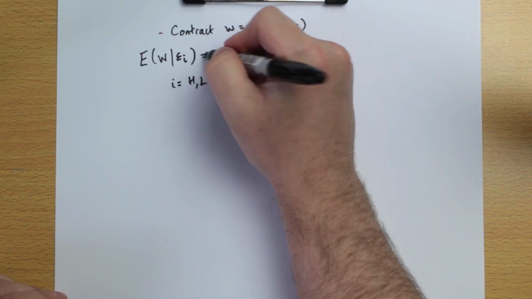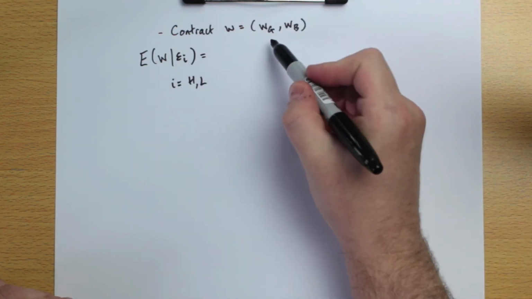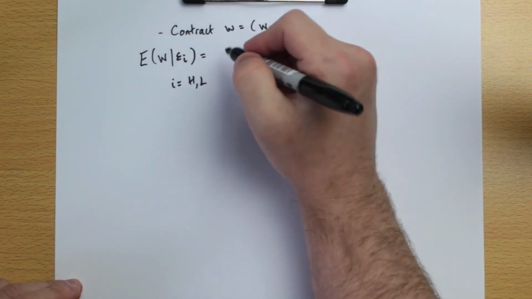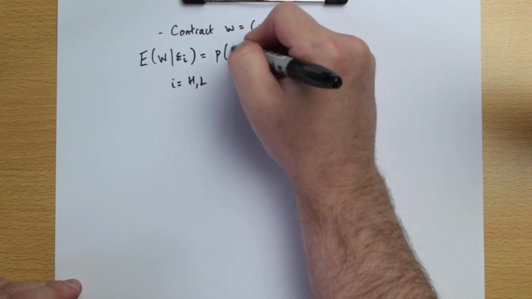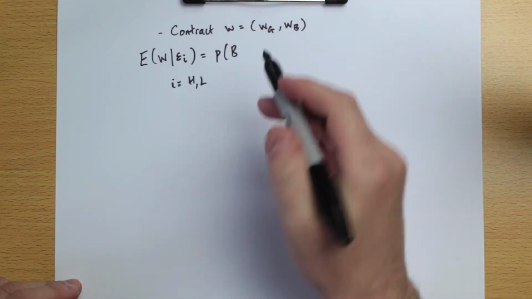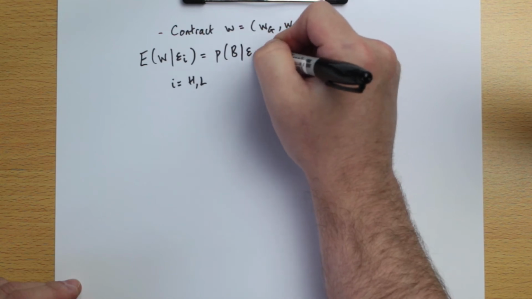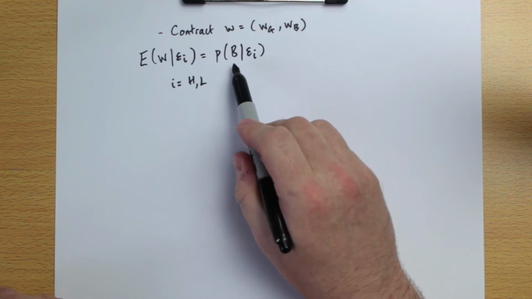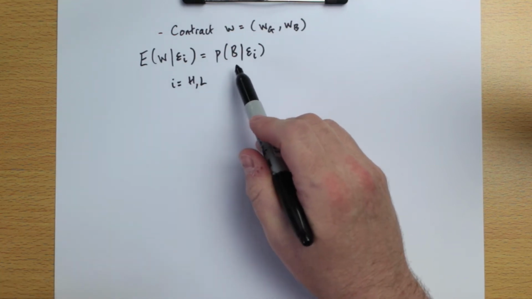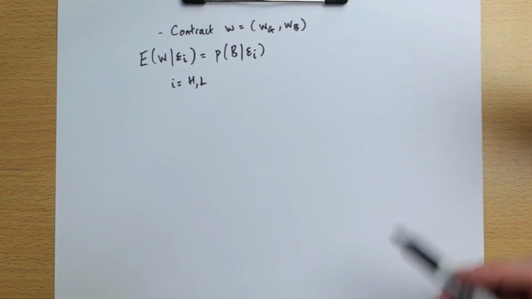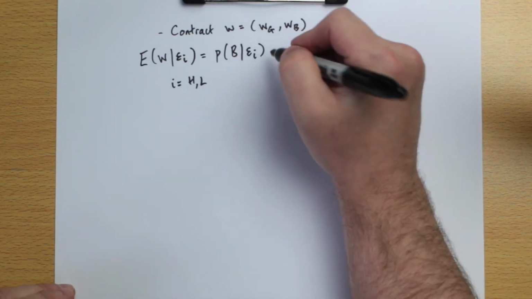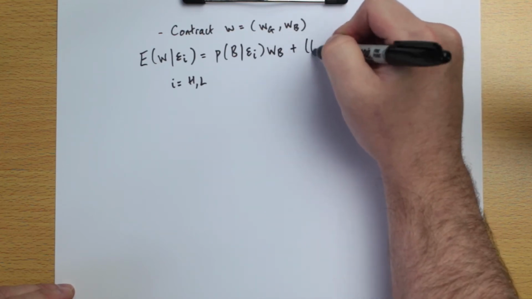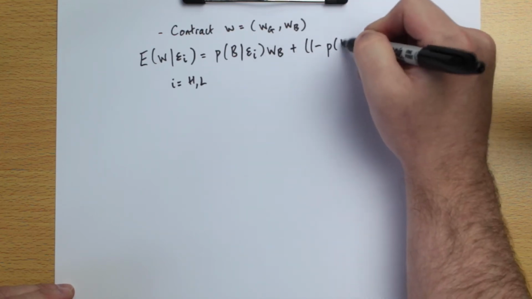Now, to take an expected value, you just weight each of these terms by their respective probabilities and sum up. So the probability of the bad state will be the probability of state B conditional on the level of effort. This is, in some sense, the probability of observing bad revenue, which we consider to be stochastically related to the level of effort. And then we multiply that by WB, plus 1 minus the probability of the bad state.